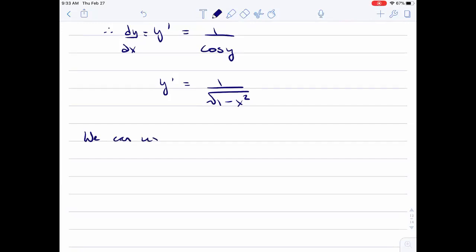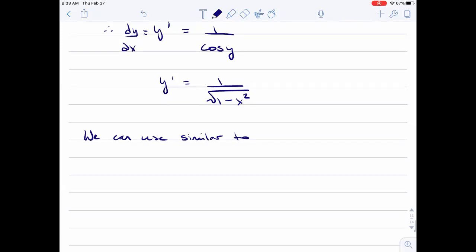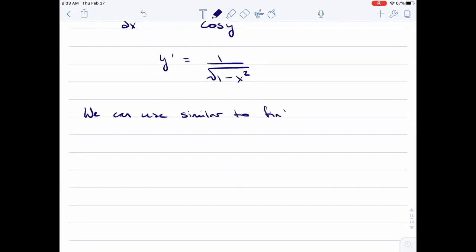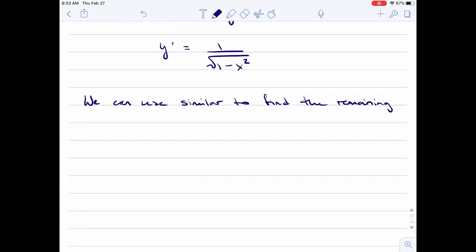We can use similar methods to find the remaining derivatives of trig functions.